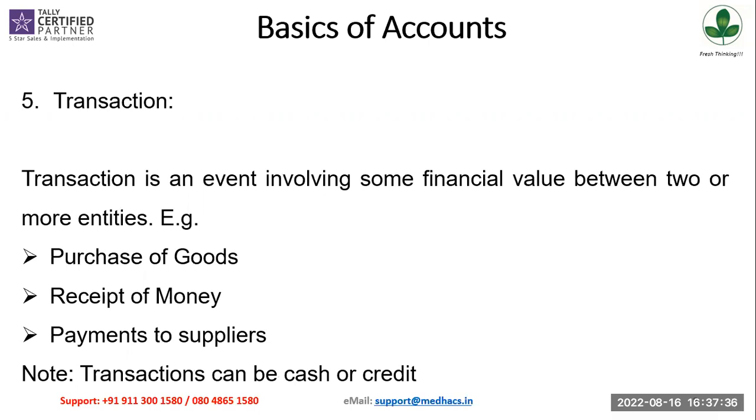A transaction, in simple terms, is any involvement of financial value for the business that we are maintaining accounts for. It might be any type of transaction which has involvement of financial value. So what are all the kinds of transactions that you will have in any business, whether it's a trading, a service business or a manufacturing business?